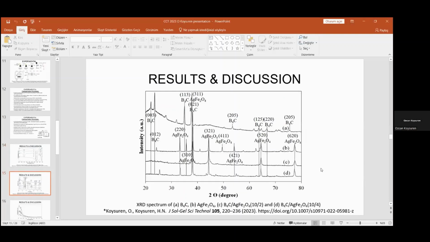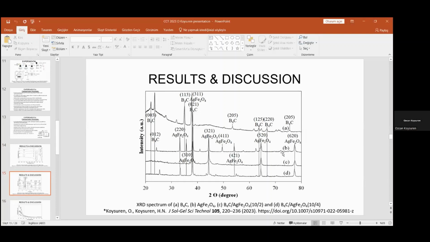Then we performed XRD measurement to visualize the crystallinity. It is really important in terms of photocatalytic activity. High crystallinity is really important. When we look at the graph, diffractogram A belongs to boron carbide. There are several peaks belonging to the characteristic rhombohedral crystal structure of boron carbide, as you can see here.